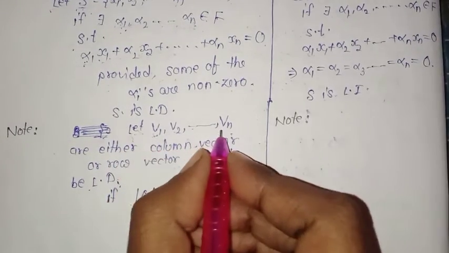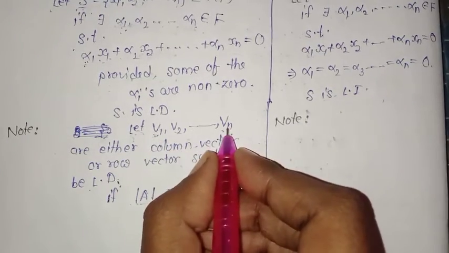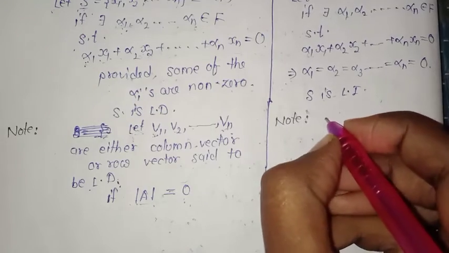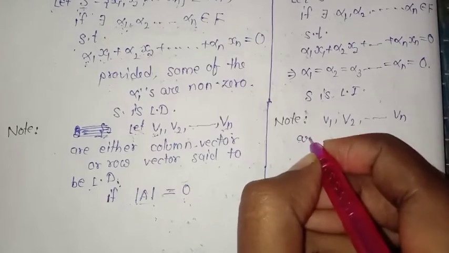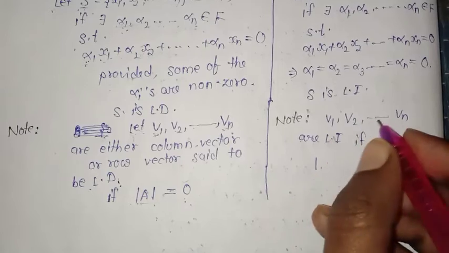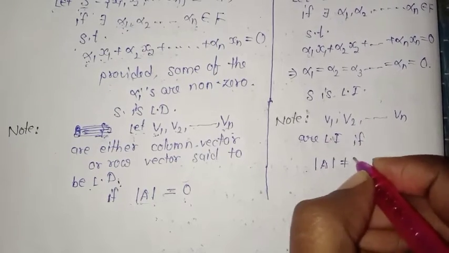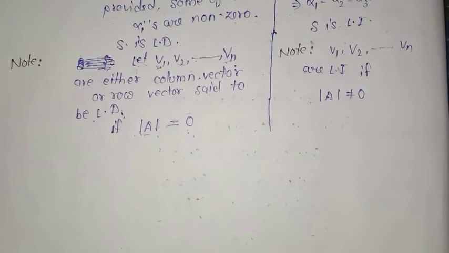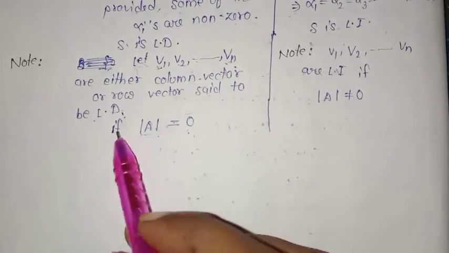If these vectors are LD, then the determinant is 0, and if these vectors are LI, then the determinant is non-zero. So I am writing it directly: v1, v2, and so on vn are LI if the determinant of the matrix formed with the help of these row vectors or column vectors is non-zero. So let's have some examples of LD and LI sets, and check them with the help of this method.